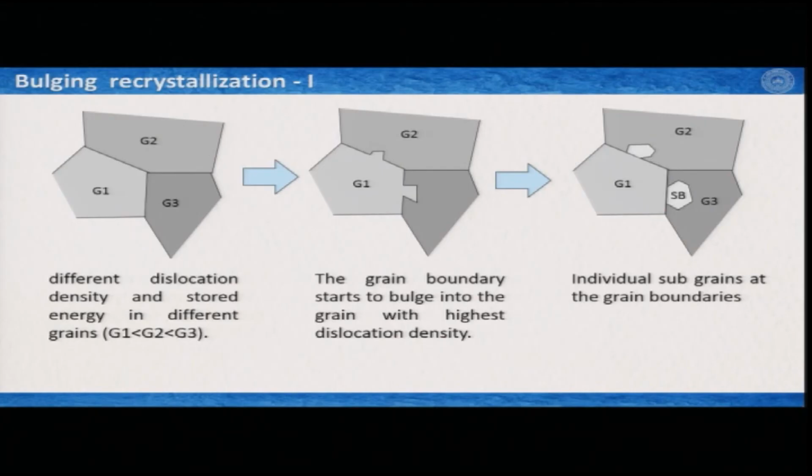So, let us start with bulging recrystallization. What do we see here in these 3 illustrations? This is the initial stage, say A, this is the second stage B, and this is the third stage C. These 3 grains, G1, G2 and G3, have 3 different shades of grey. The lighter shade has the lower dislocation density.